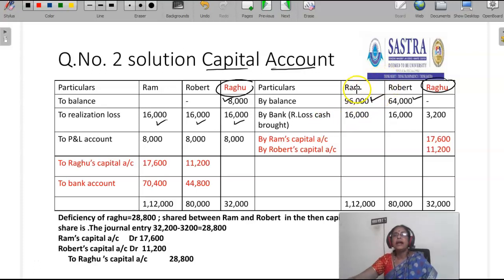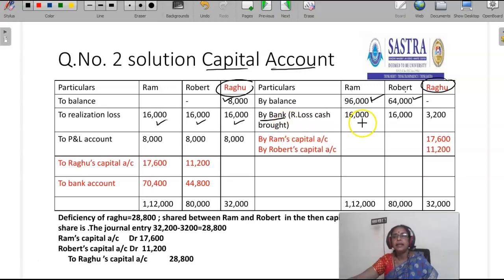Here the solvent partners are Ram and Robert, so they have to bring 16,000 each. So we enter: bank account debit to partners' capital account.